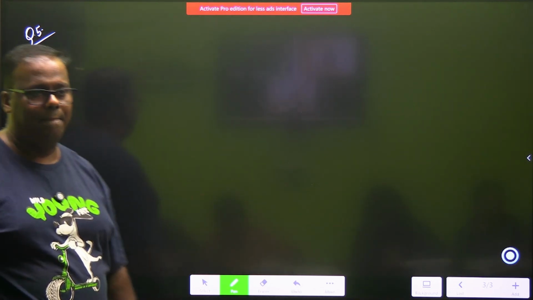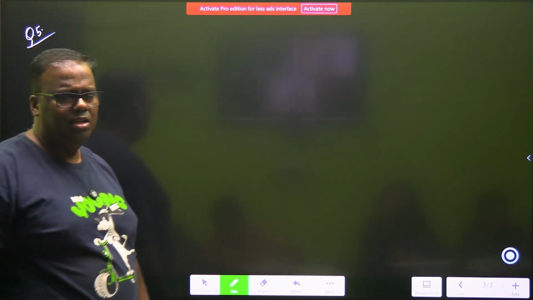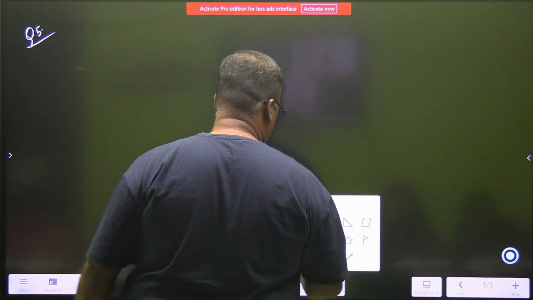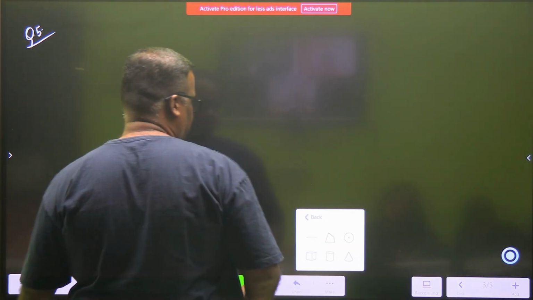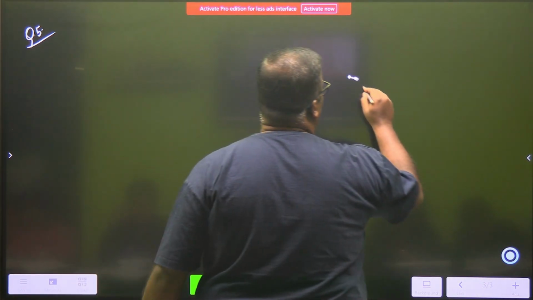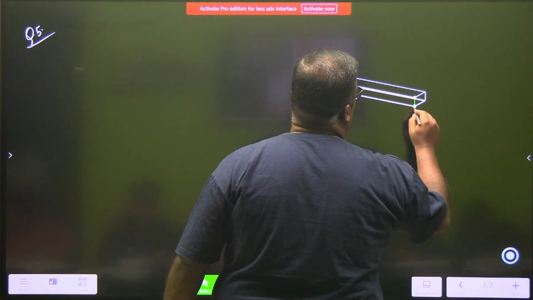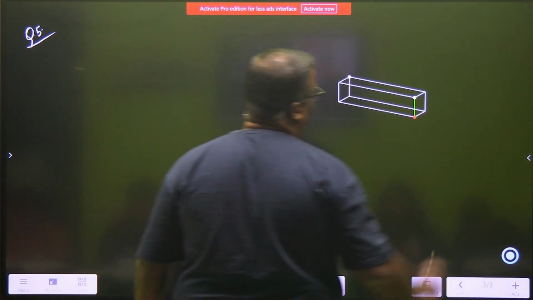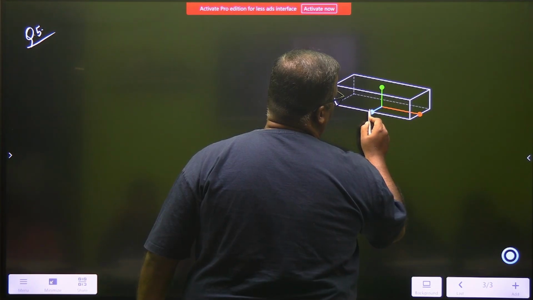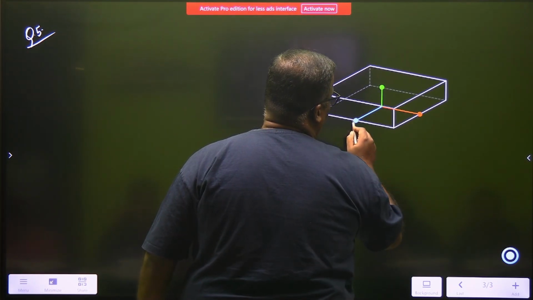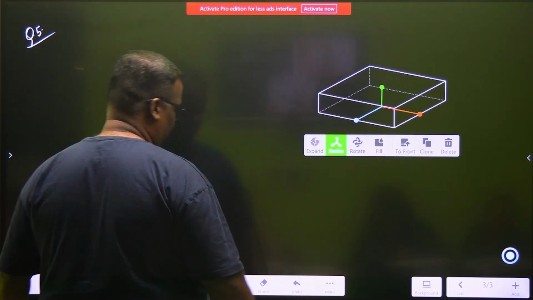Next. The volume of the rectangular tank. We got a tank that is rectangular. Okay, it looks like a nice rectangular tank. Question.